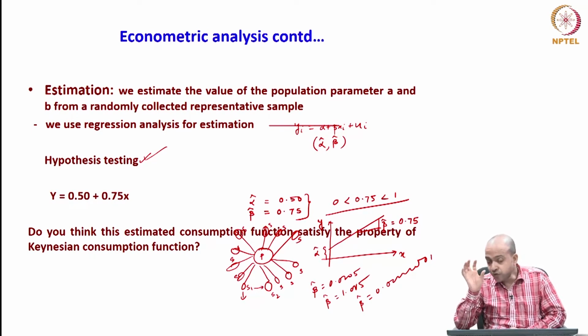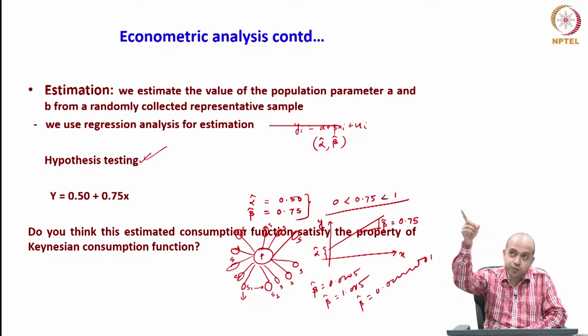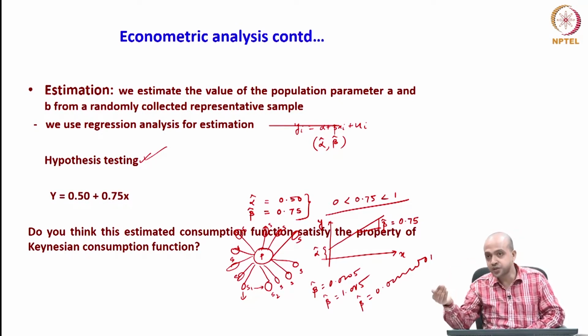And how do you draw inference about the population parameter? By checking whether the coefficient of income is statistically significant or not. If the coefficient is statistically significant, then we can say that income has significant impact on consumption. That is the inference we are going to make about our population, and that is not possible after estimation. For that we need to go for hypothesis testing.